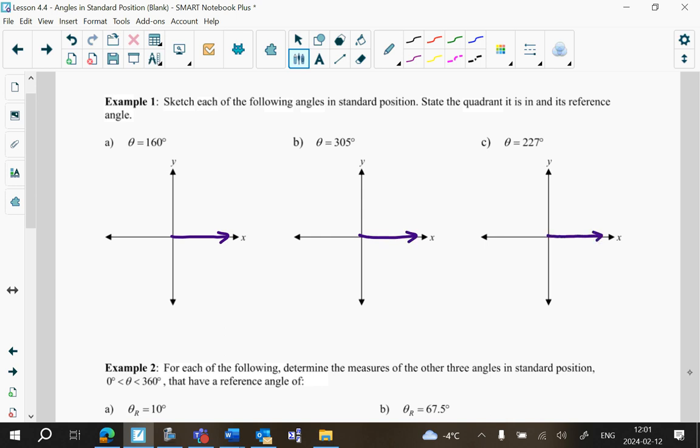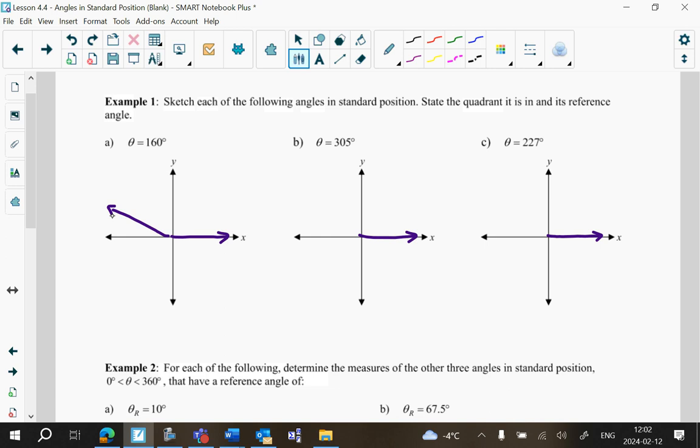Quadrant 2. Whereabouts? Would you draw it like that? No, more closer to the line. What about halfway? No, because 160 is a little more than halfway, right? So we probably want it somewhere around there.